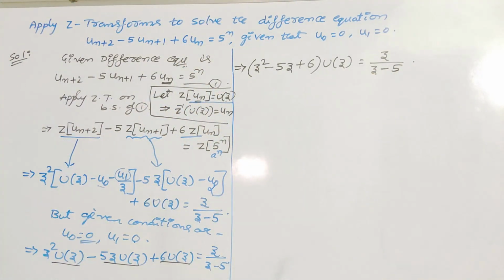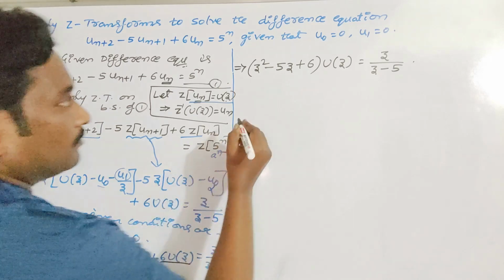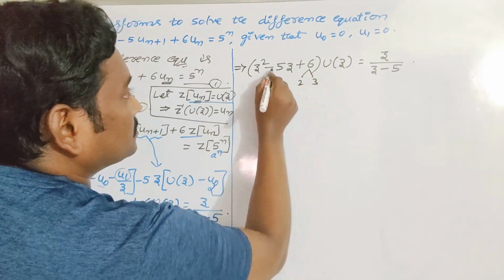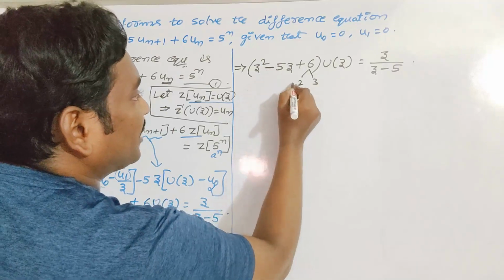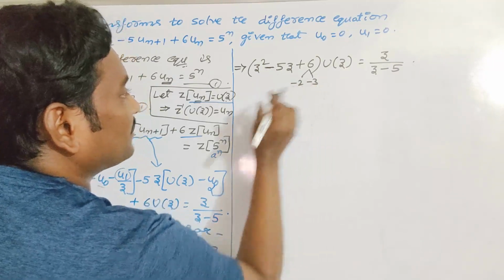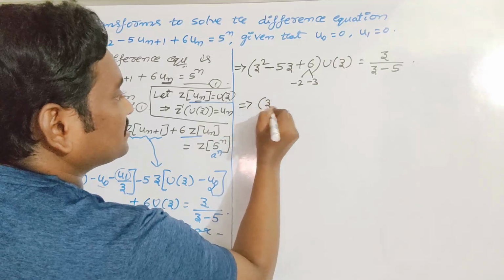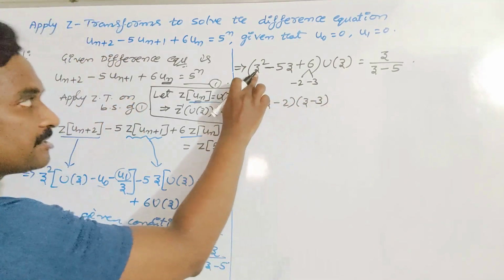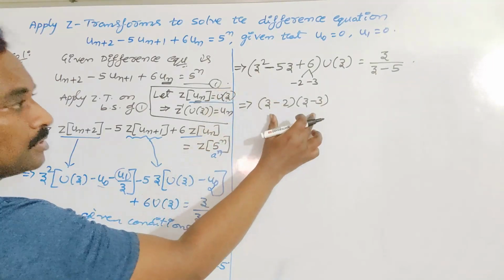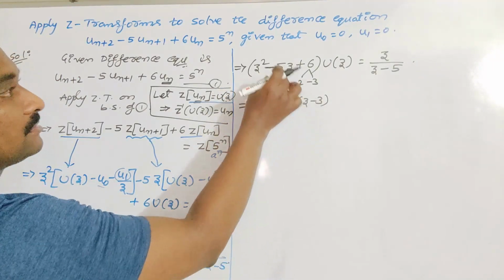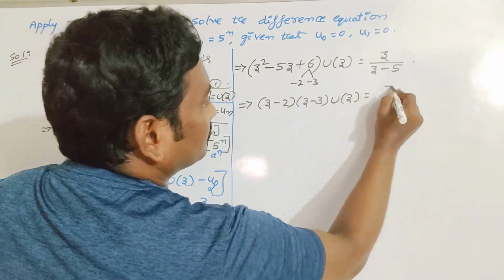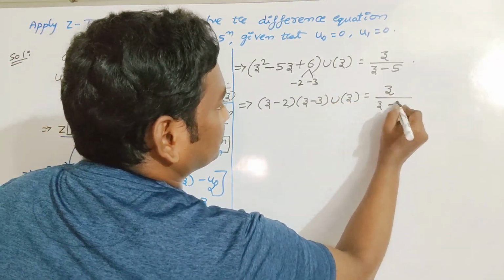We need the value of U of z first. Before that, write the factors for this term. 2 threes are 6, and in between we have minus 5, so write minus 2 and minus 3. So the factors are z minus 2 into z minus 3. Since this is a quadratic term, surely it has two linear factors. So z minus 2 into z minus 3 times U of z is equal to z by z minus 5.